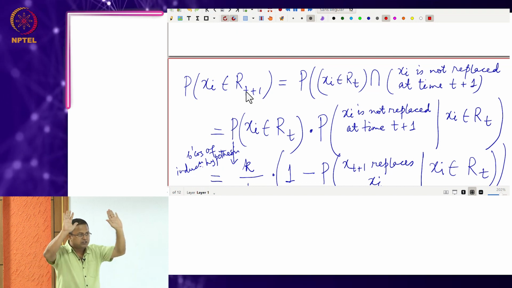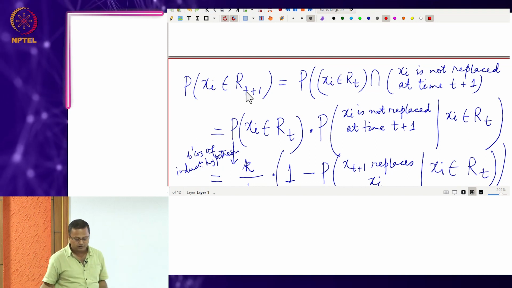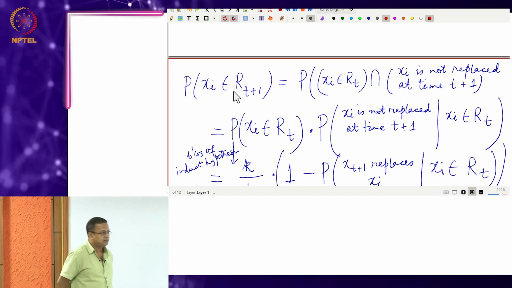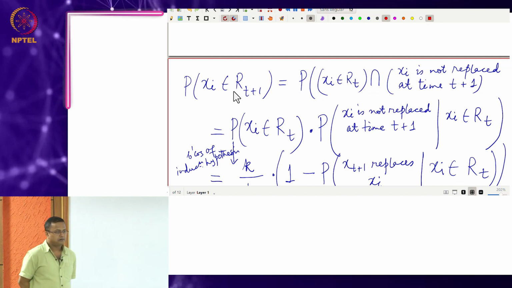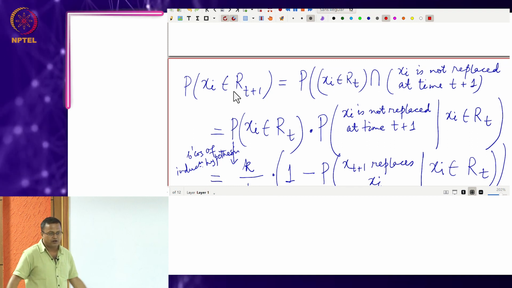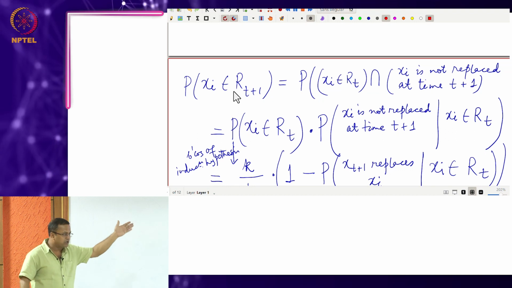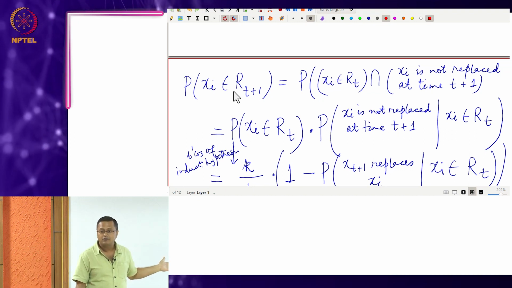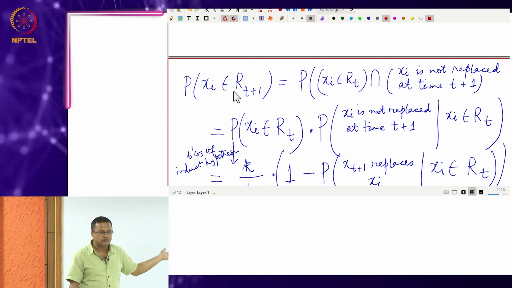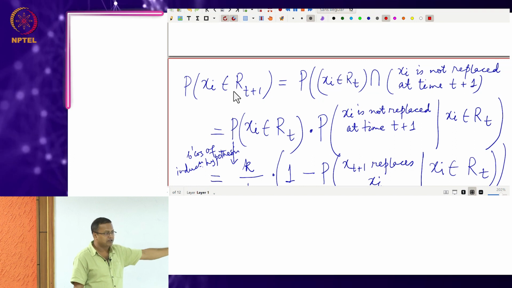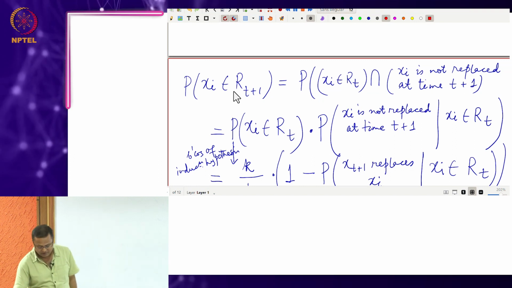Given this problem and the sense of the algorithm, it would not be difficult for you to write that first line. Once you write the first line, writing the second line is also not difficult. It is just the chain rule. Once you write that, taking 1 minus is not difficult.